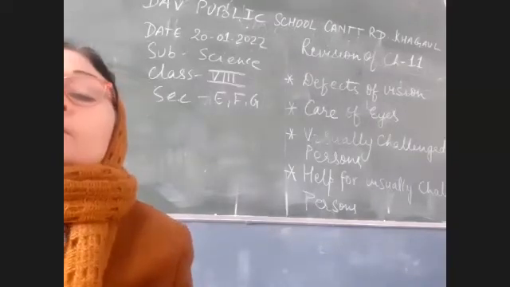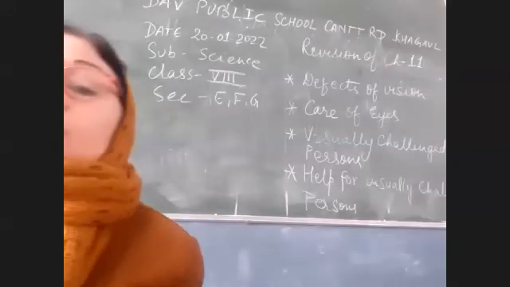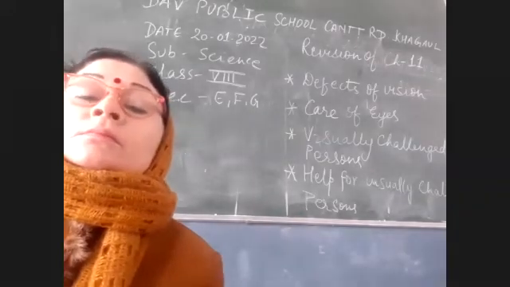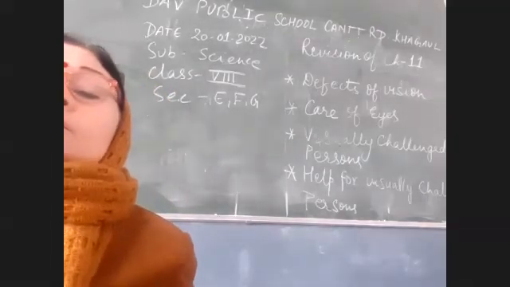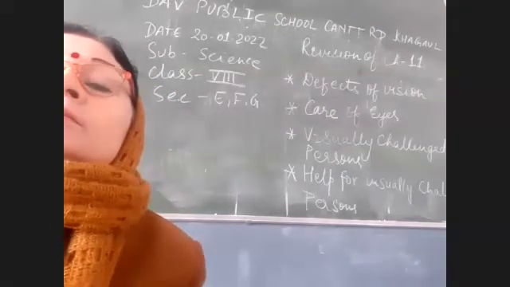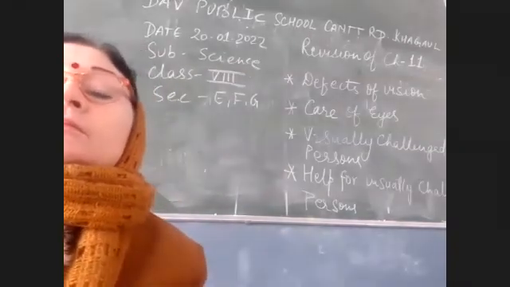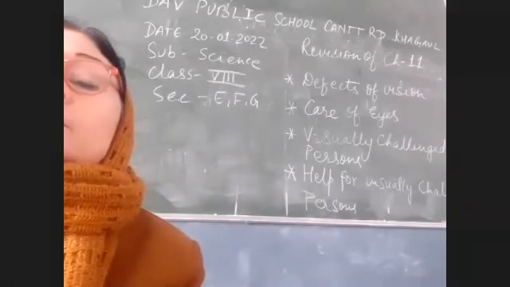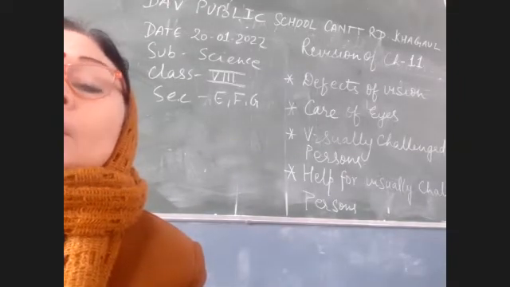Gently wash eyes frequently with clean water. Having sufficient light in the room when you are reading, writing, or watching television. Try not to spend too much time looking continuously at a computer screen or television. It can cause eye strain.